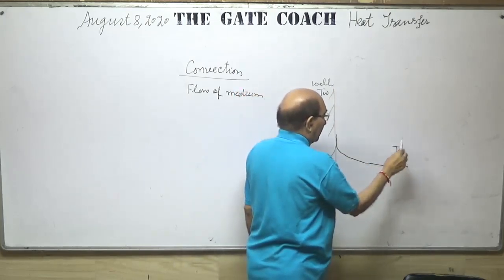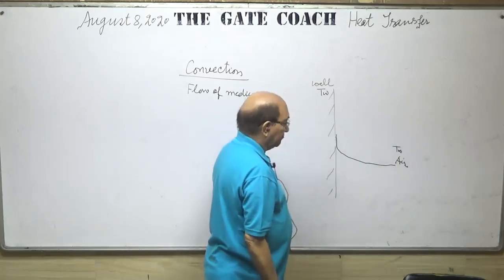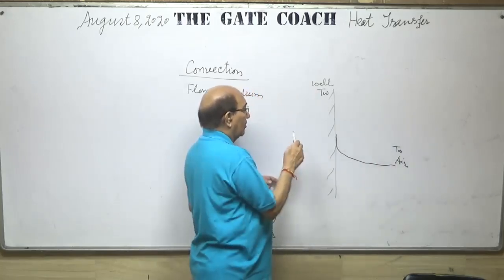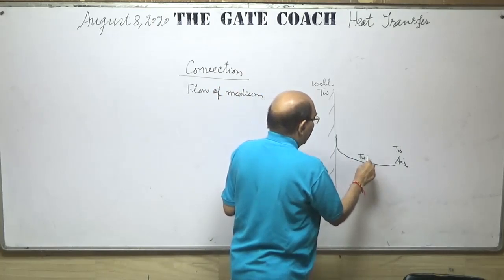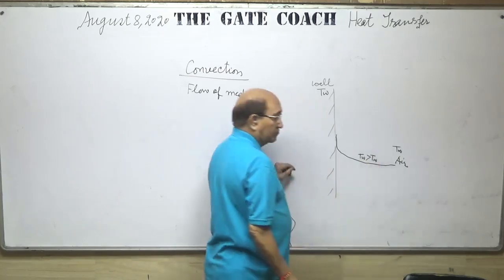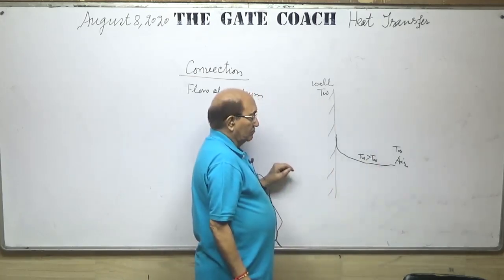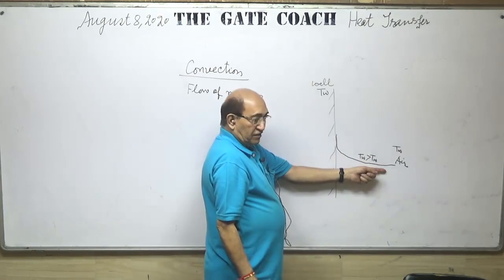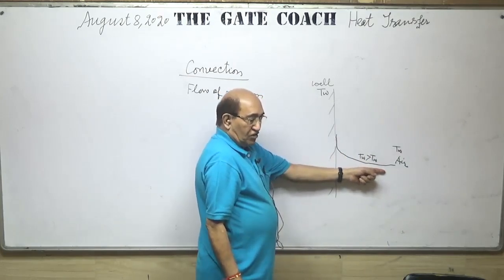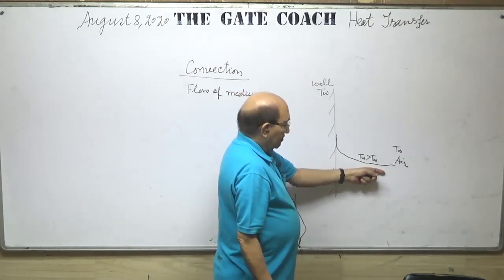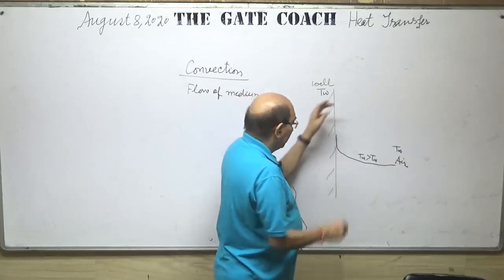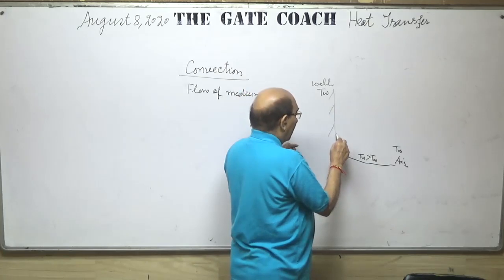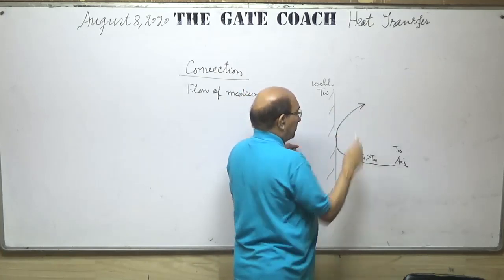Let T infinity be the air temperature. If TW is more than T infinity, this air will get heated up. Hot air will become light air, will have the tendency to go up.